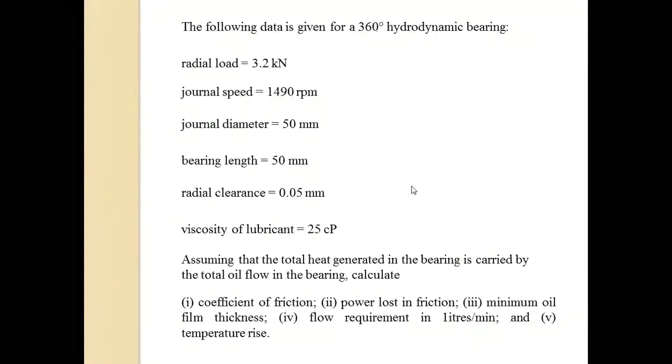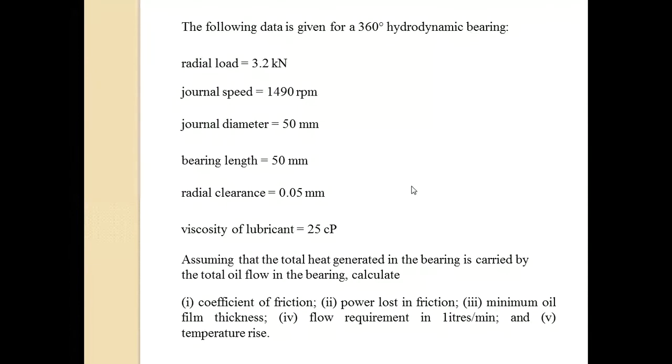Next, radial clearance C is given as 0.05 mm. Viscosity of lubricant, mu, is given as 25 centipoise. Again, in the problem it is stated that we assume the total heat generated by this bearing is carried by the total oil flow in the bearing.